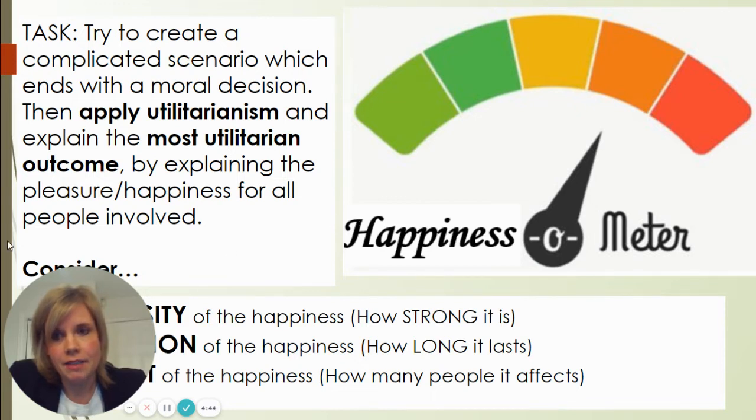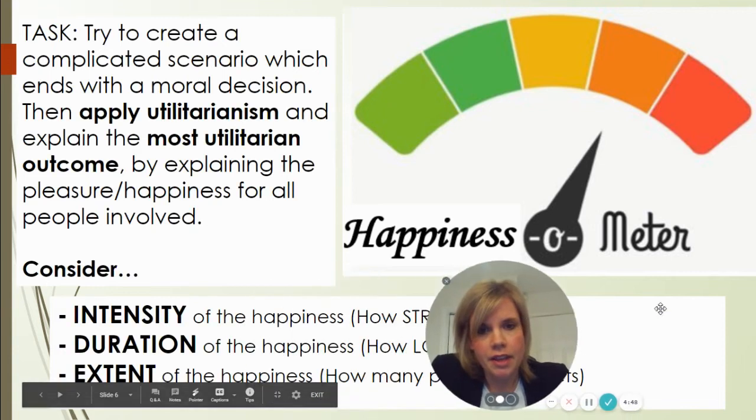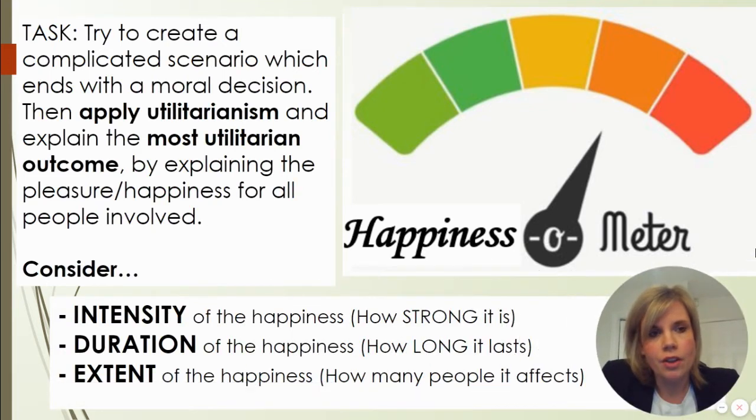Your main activity, task 2, is to think about a specific moral decision that you can create. So in the space that says scenario, type out, it's probably quite long, this happened, then this happened, then this happened, and this is the decision.